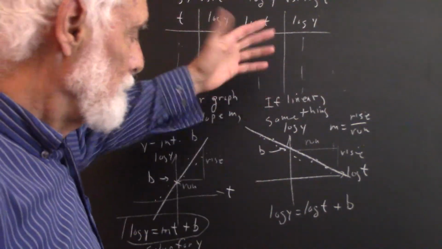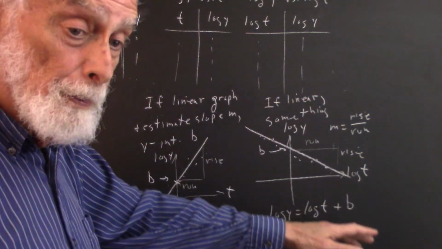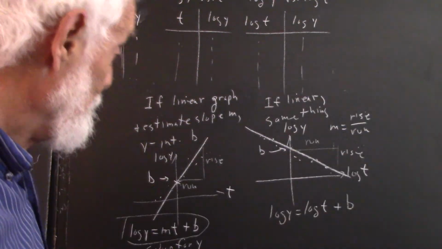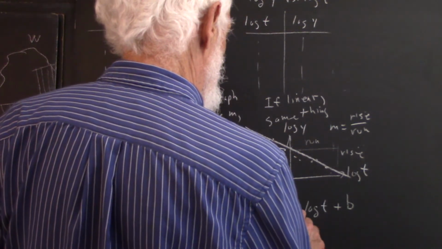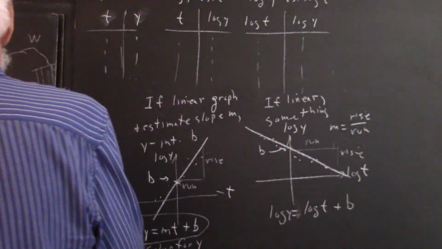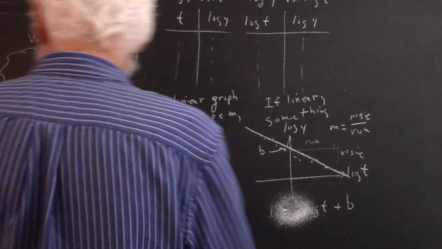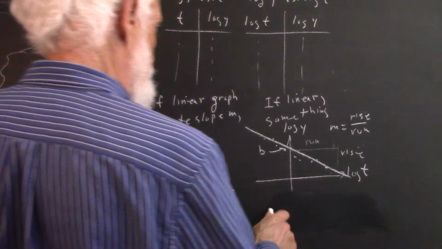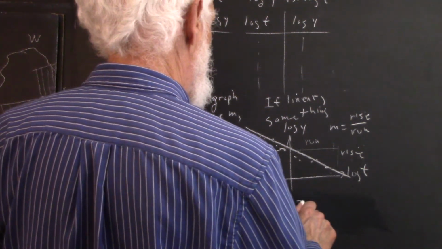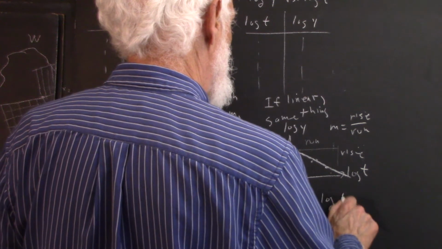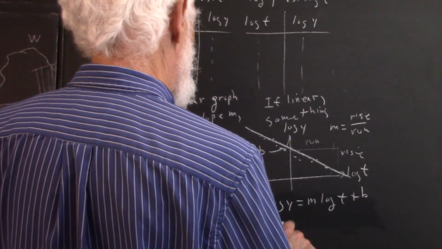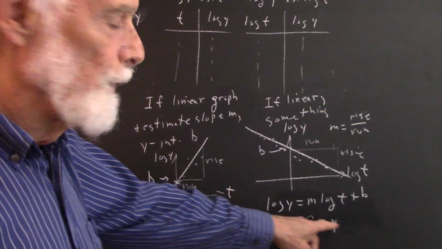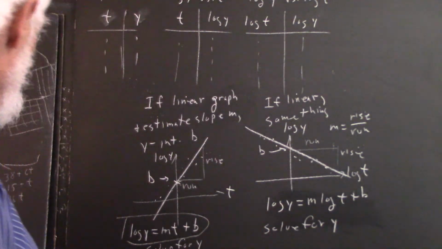Because it's like y equals mx plus b, but it's log y, not y, and it's log t, not x. Okay, I didn't include my slope. Let me fix it. When you solve for y and simplify, you get your function, you get your model.